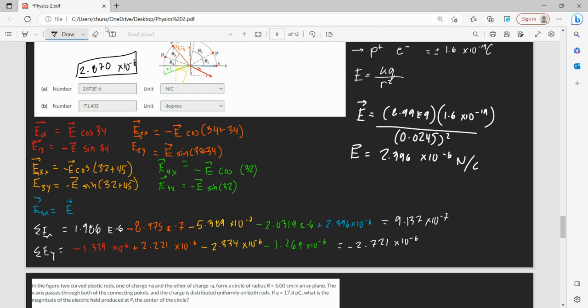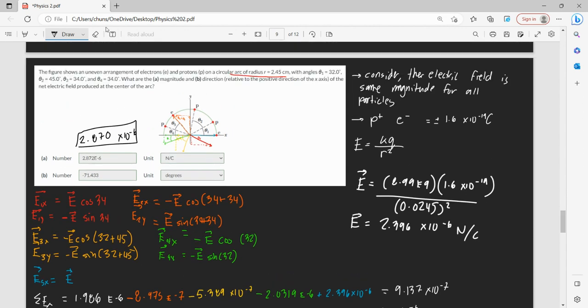We were given a positive x sum and a negative y sum. So that means if we were to draw this out in a plane, it would put it about right here, and that's our angle.